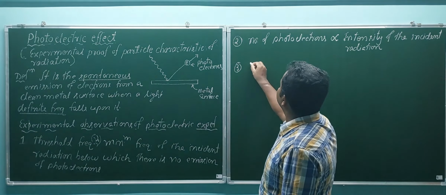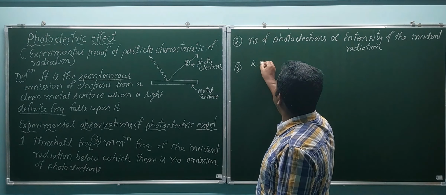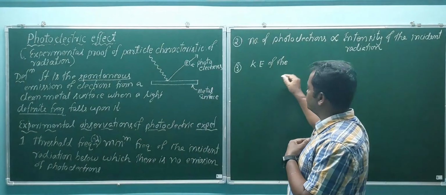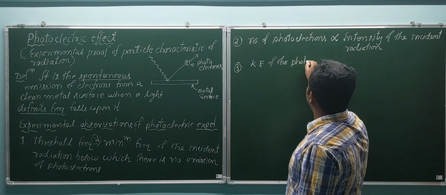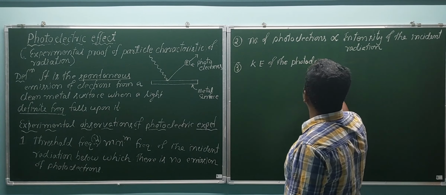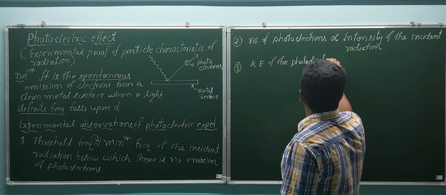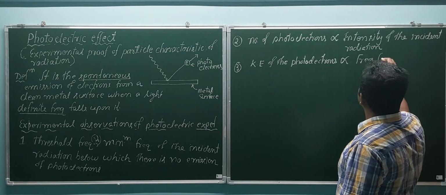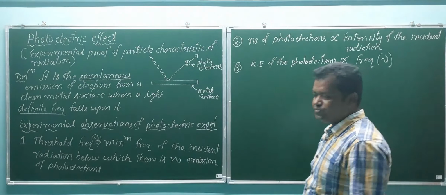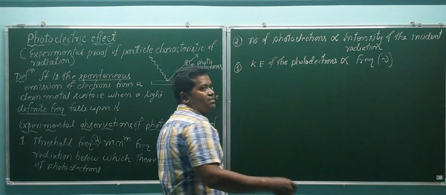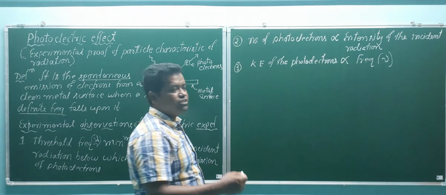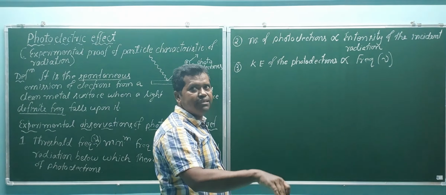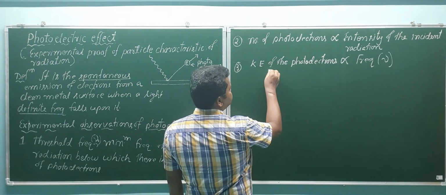That is, the kinetic energy of the photoelectrons is directly proportional to the frequency nu. So there is a relationship between the frequency of the radiation and the kinetic energy of the photoelectrons.